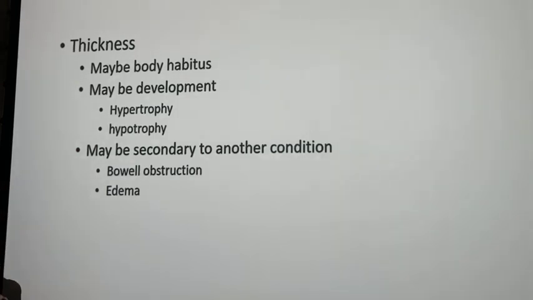So somebody's doing a lot of weight training, they get big and bulky, right? And if they take the summer off, what happens to all that bulk? They lose a portion of it, right? So hypertrophy is development in response to a stimulus. Hypotrophy is underdevelopment or loss of development because of lack of stimulus.